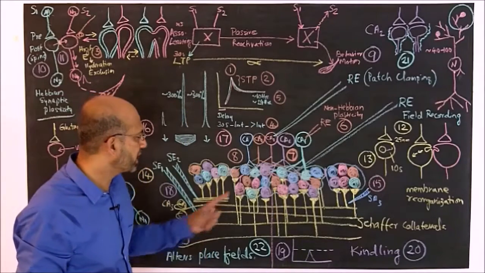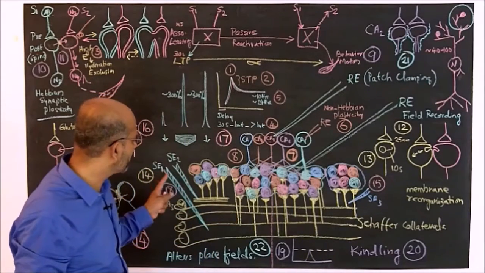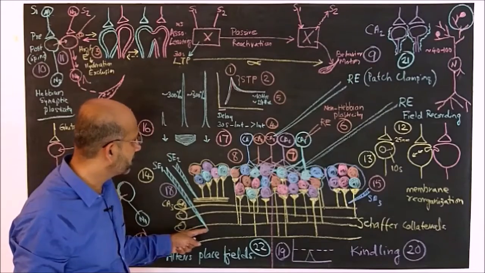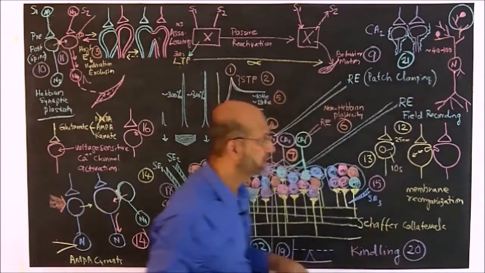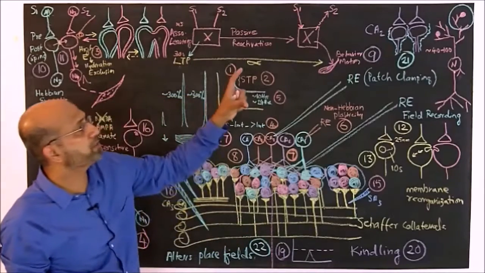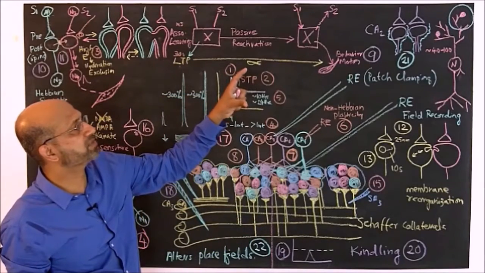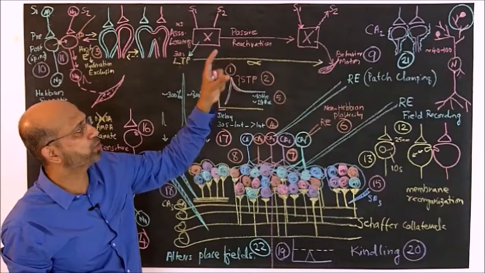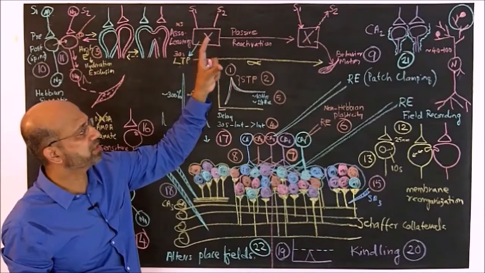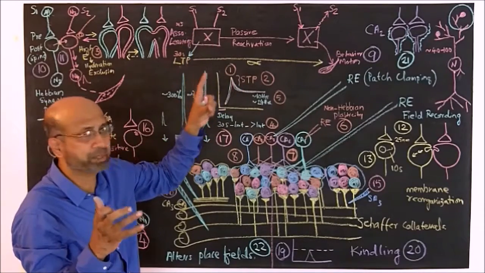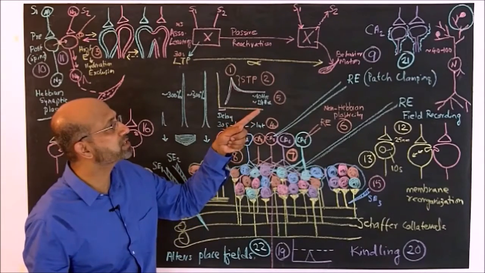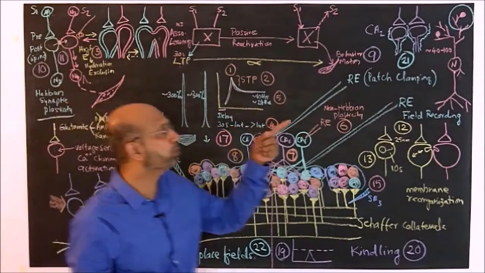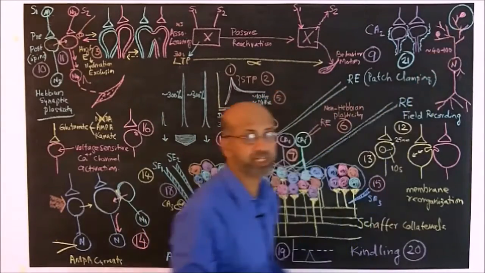In order to induce LTP by a strong stimulation by a single burst, it was known that dendritic spikes are required. So that means a large number of postsynaptic potentials have to be summated at those dendritic regions in order to induce LTP. Dendritic spike is a summated potential that is arriving from a group of dendritic spines at this region.